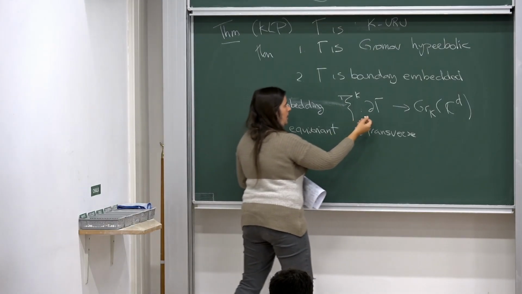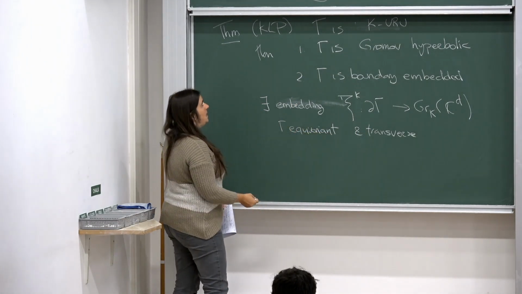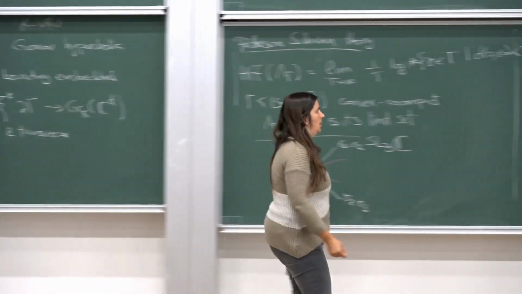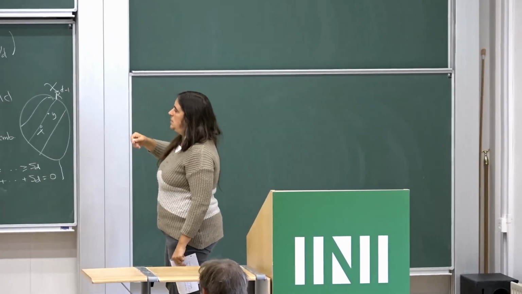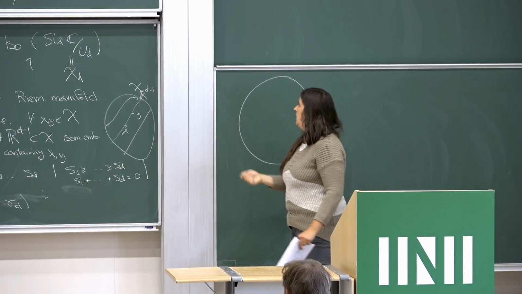before I tell you what transverse means, let me draw a picture. I'll tell you what transverse means in a second, but the idea is that I call this boundary embedded.